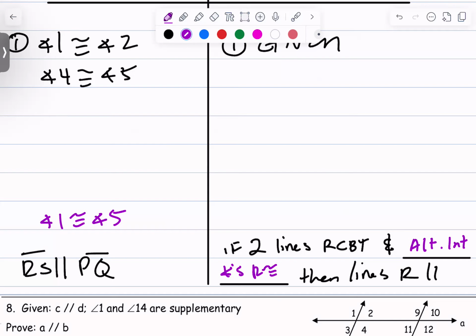So I changed my prove statement. Now that I've got my last step, I'm just going to prove this without using parallel lines. So the reason for knowing angle 1 is congruent to angle 5 is not going to be alternate interior angles are congruent, because I can't use that since I don't know that the lines are parallel yet.